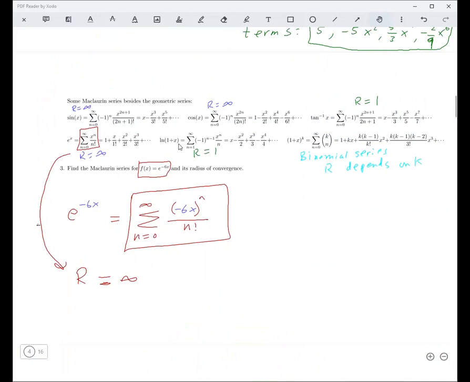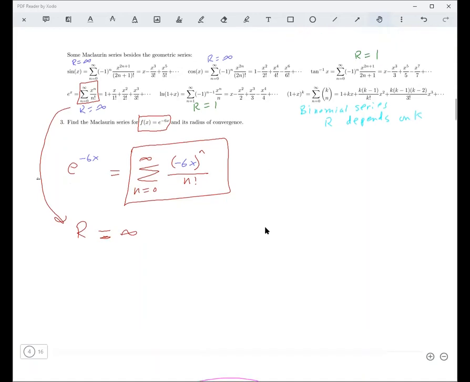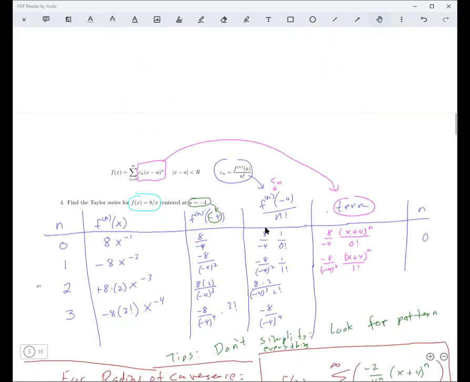And you can also see right here that it works, because when you put in x equals -1, you're trying to take the log of 0, and that doesn't exist. So that's one value away from 0. From 0 to -1 the distance is 1, so the radius is 1. And same thing with the inverse tangent. Okay.